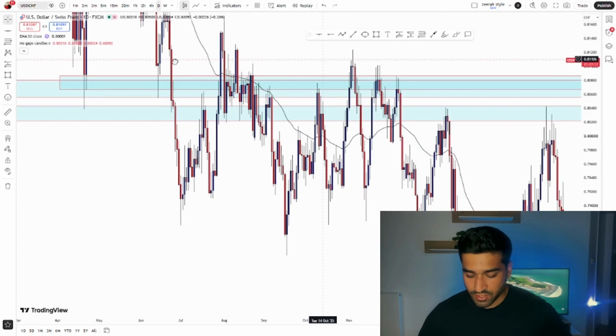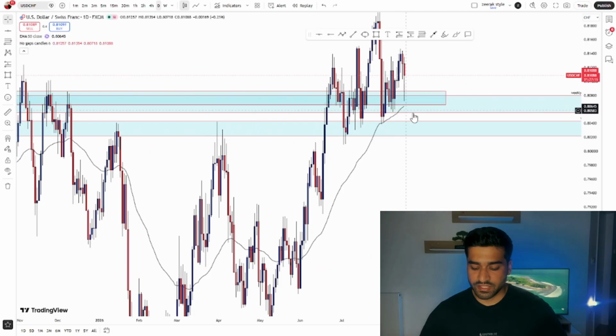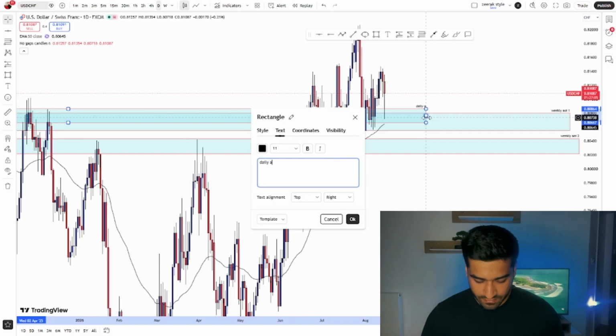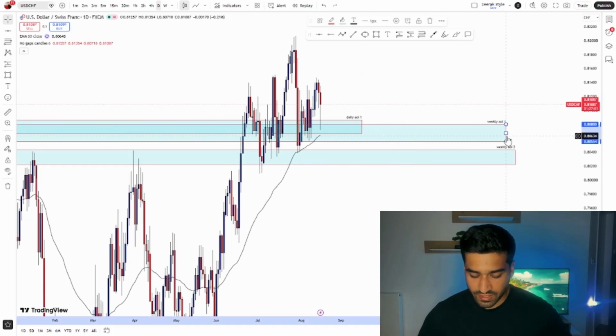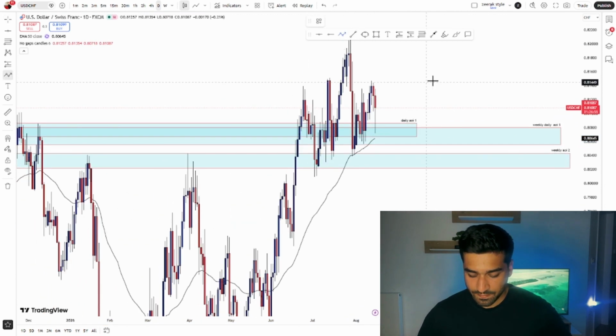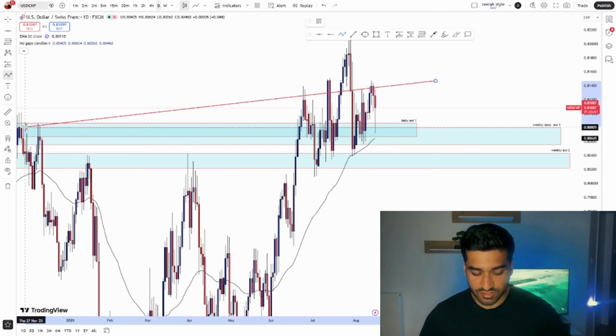And down, you don't need to put area of interest, because we already have the weekly area of interest, so it doesn't matter. The weekly is stronger than the daily. So here I will put daily area of interest 1, and this is the weekly, and also this is the daily area of interest, because you can see here 1 touch, 2 touch, 3 touch, 4 touch, 5 touch, 6 touches.